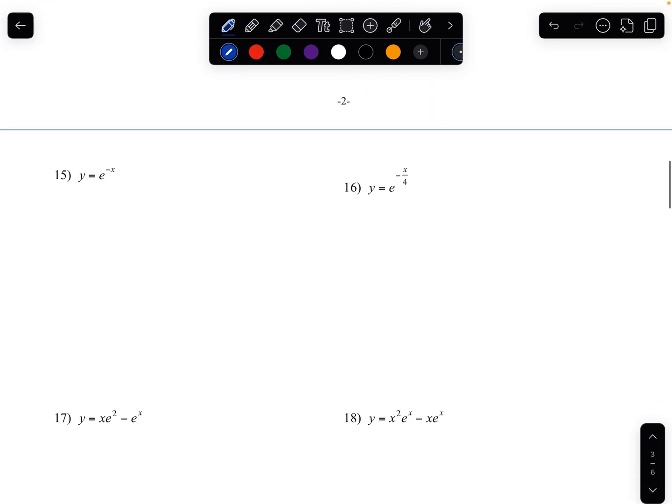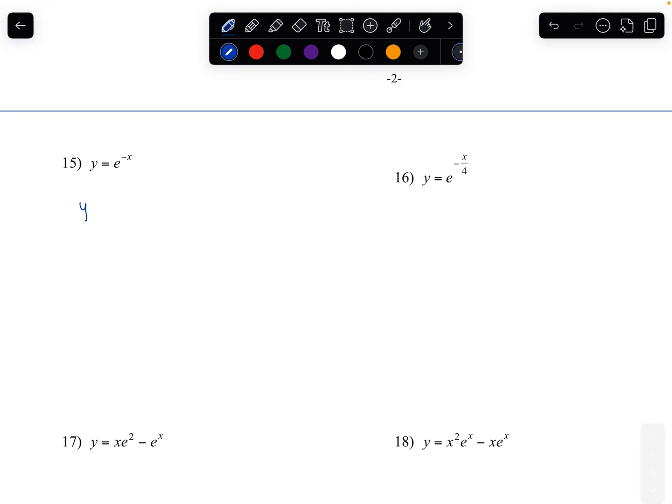For 15, so y prime is going to be equal to e to the negative x times by negative 1, since the derivative of negative x is negative 1. For 16, y prime is going to be equal to e to the negative x over 4 times by negative 1/4.